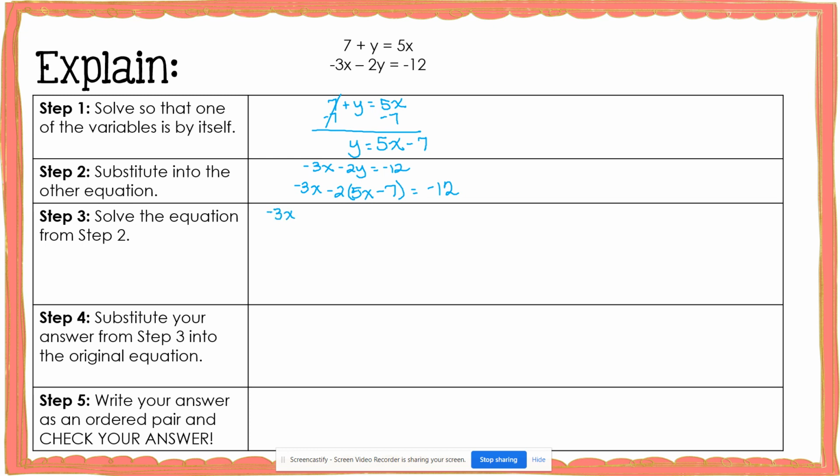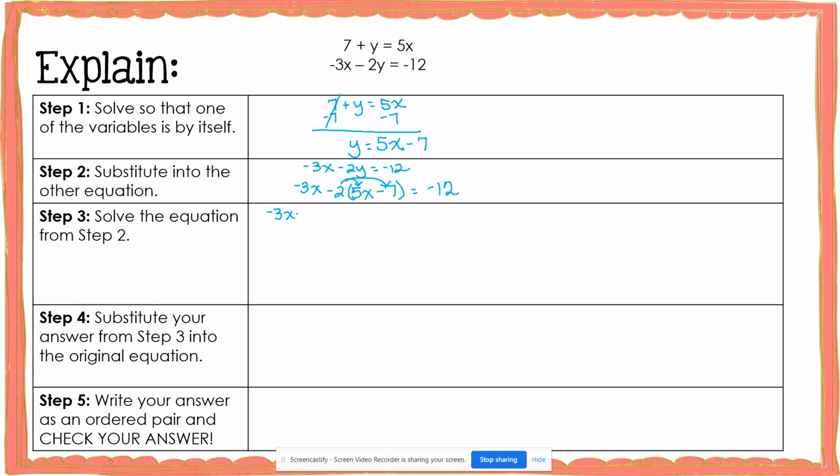Well, we have negative 3x, there's nothing we can do with that yet, but now we need to distribute, and when you distribute, you have to be very careful with this equation. This is not a 2, this is a negative 2, because it says minus 2. So you have to do negative 2 times positive 5x, and negative 2 times negative 7. Well, negative 2 times positive 5x gives us negative 10x.